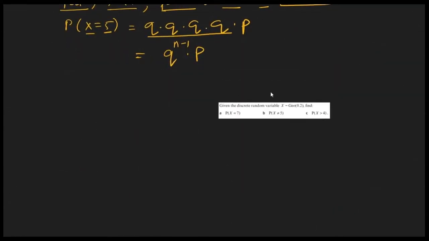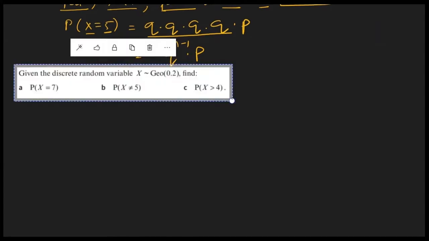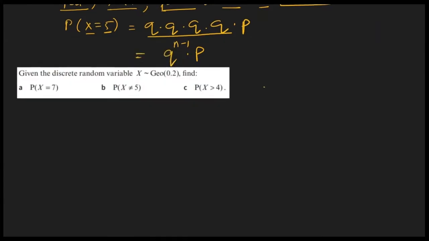Okay, so this is an example where we have geometric probability distribution, and they have given the information that X is a variable such that it has geometric probability distribution and the probability of success is 0.2. So P is 0.2, that means Q, the probability of failure, will be 1 minus 0.2, which is 0.8.